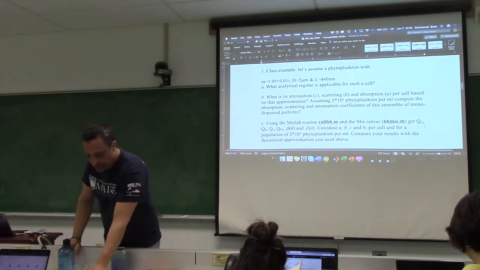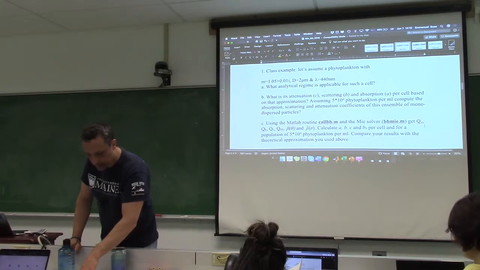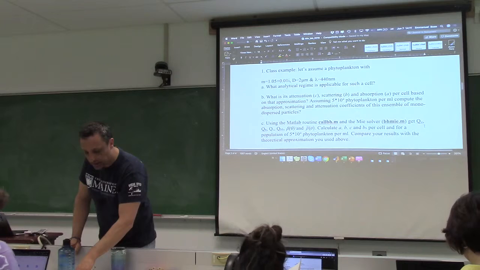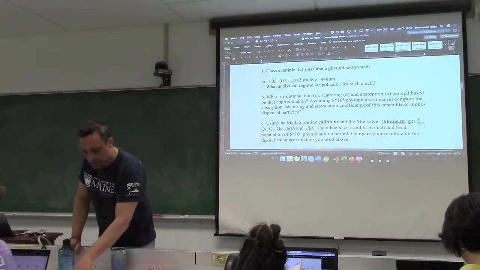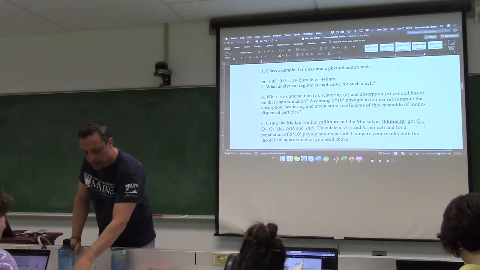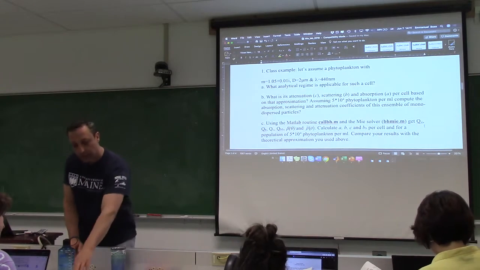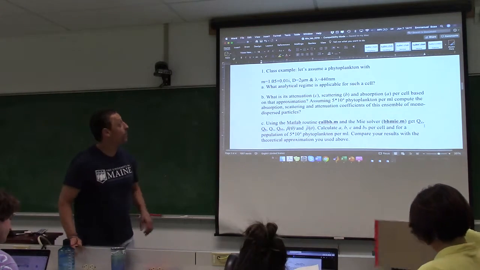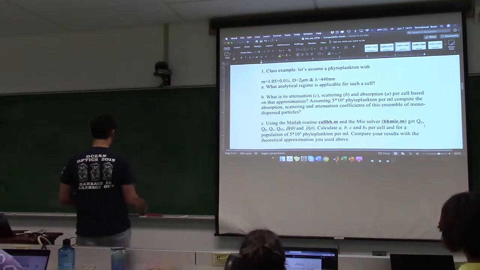If we go all the way to the back, we have to calculate the size parameter, because I'm checking for that, and we want to know the index of refraction, how far it is from 1, because that's what I often look at. So what is our size parameter for this phytoplankton?